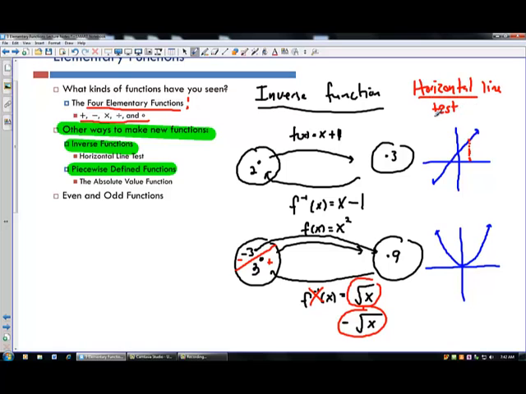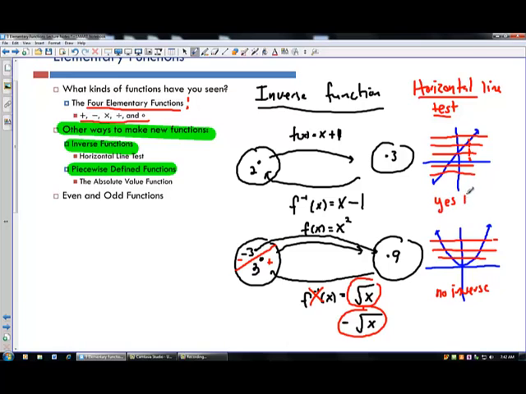So if it satisfies the horizontal line test, if any horizontal line you like hits it at most once, then you know it has an inverse. But if it hits it more than once, like here it hits it twice, here it hits it twice, and lots of places where it hits it twice, you know that this does not. So no inverse.